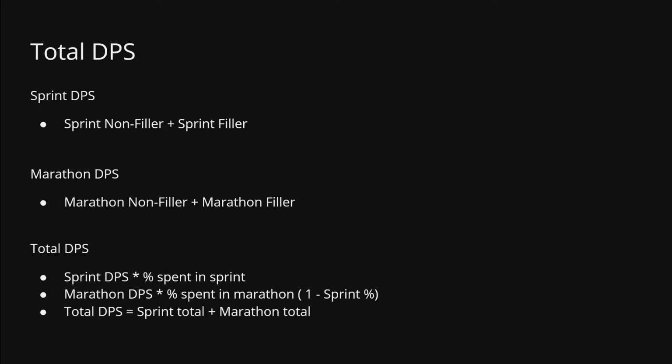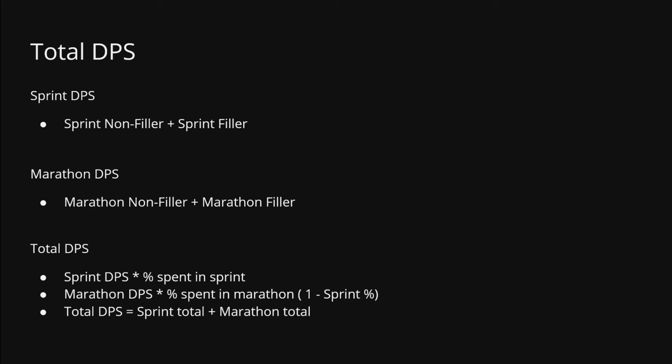For your sprint DPS, what you essentially have is the time you spent in sprint and the sprint relevant DPS. You're looking at the DPS from your non-filler spells and from your sprinting filler spells. The same for marathon essentially, and those two are each time added up.